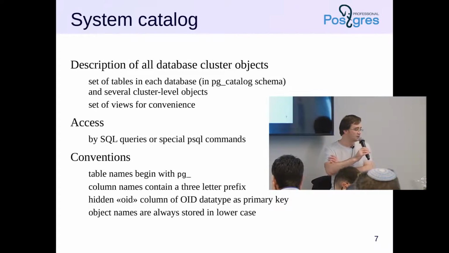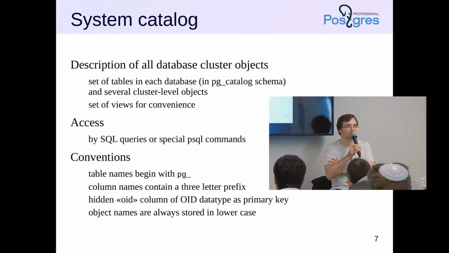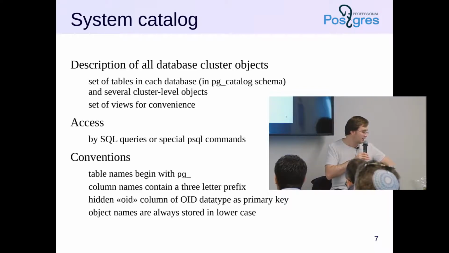And about system catalog. System catalog contains description of everything which is inside your database. So it is information about database which is inside the database, so it's kind of meta information. Also, there are some views just for convenience.